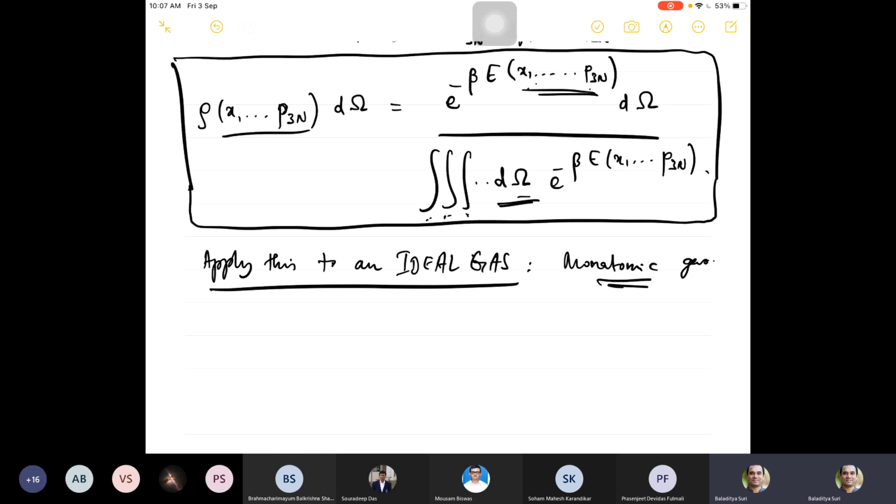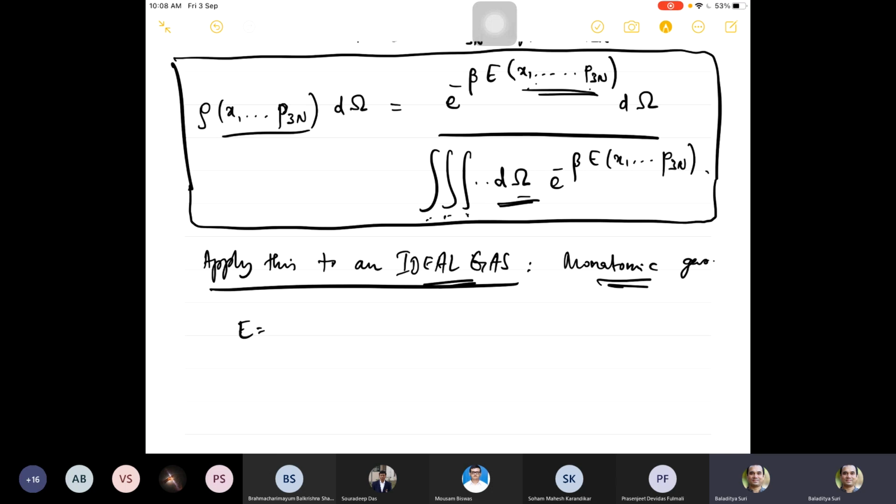Any collisions that happen between these molecules of the gas, that is still okay. We don't care about those, and we assume that those collisions happen rather rarely, because most real gases behave in an ideal fashion only when their densities, the number per unit volume, is rather low. So that is the approximation in which an ideal gas works. And we take a monatomic gas.